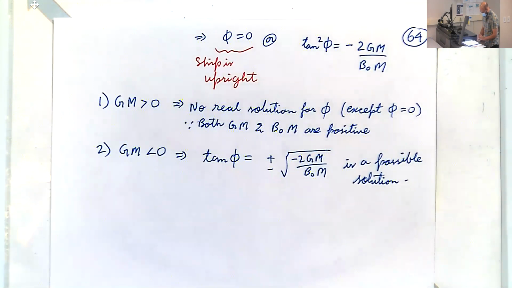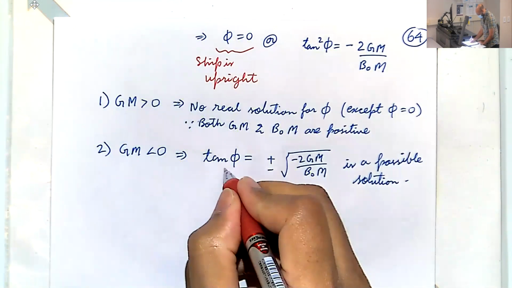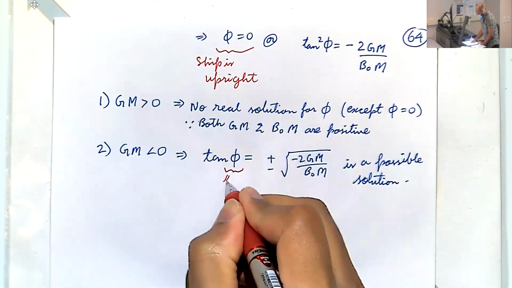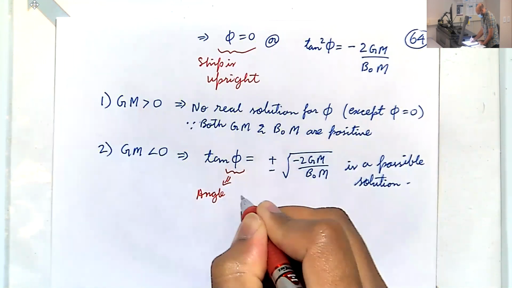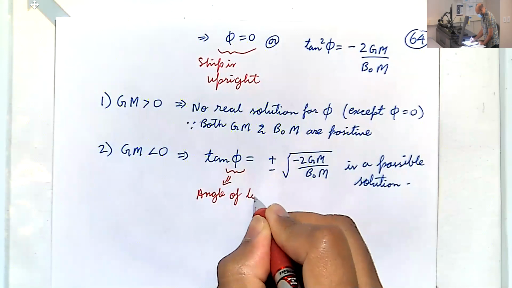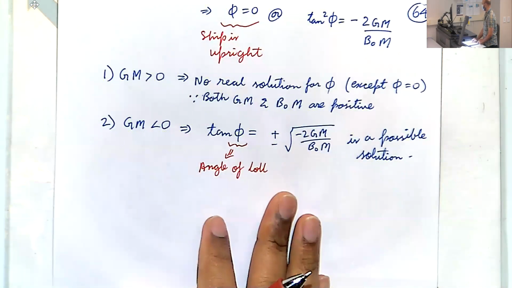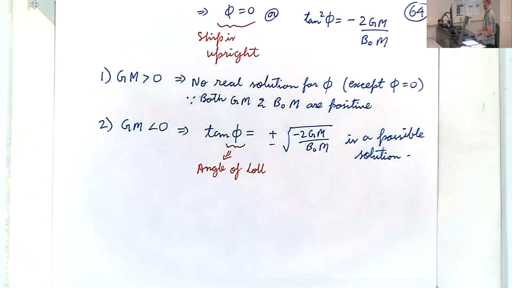Okay, and in this case, this phi angle, this solution is called angle of loll. L-O-L-L, not laugh out loud.